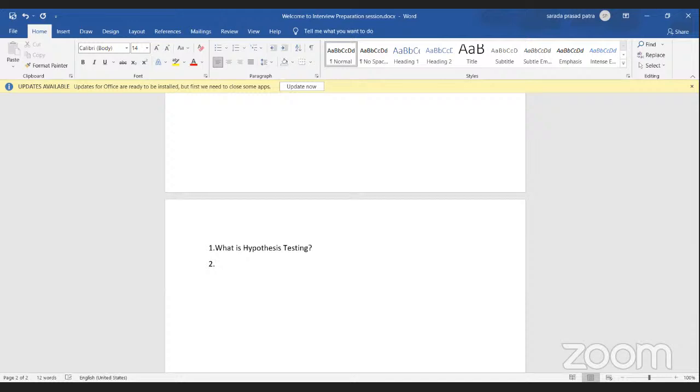The second question. Everyone should know this: what is p-value in statistics? What is p-value in statistics? Yes. What is p-value in statistics?